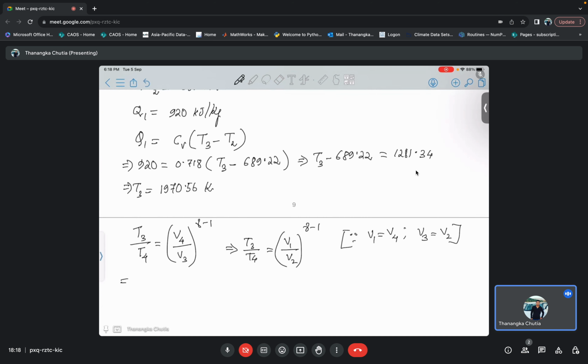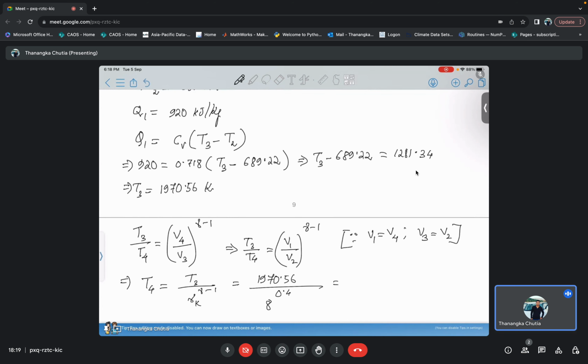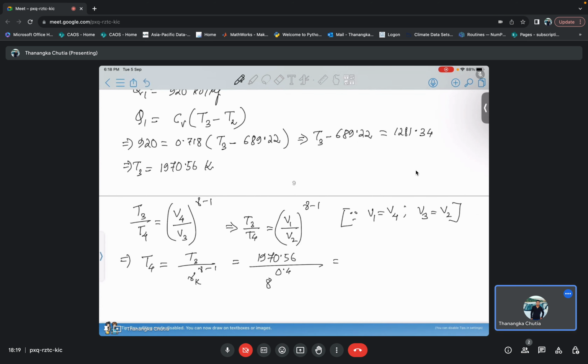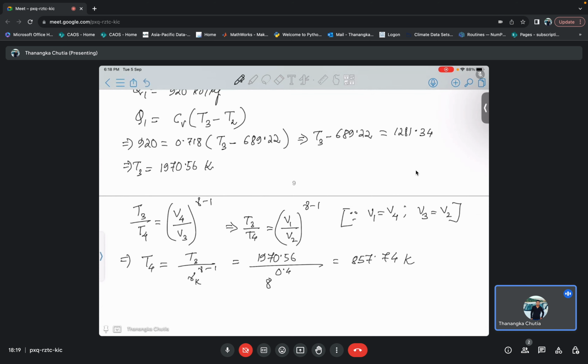That means T4 is nothing but T3 divided by Rk to the power gamma minus 1. T3 is 1970.56, and Rk is 8 to the power 0.4. So 1970.56 divided by 8 to the power 0.4 gives 857.74 Kelvin. So we have got the temperature at all the steps.